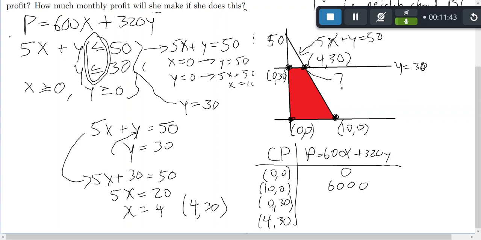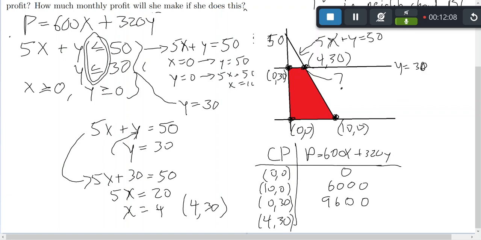Likewise here, I have a 0 for x, so the 600x goes away. I have 30 for y, so it's 320 times 30, which has two zeros, and then 3 times 32 is 96.